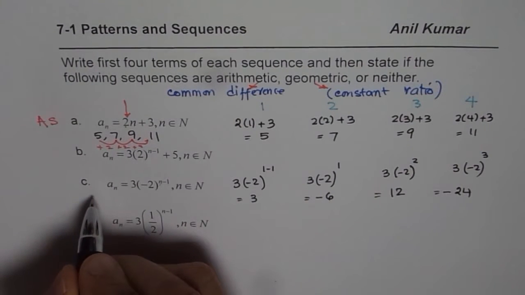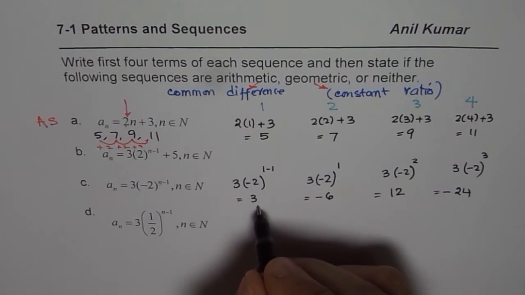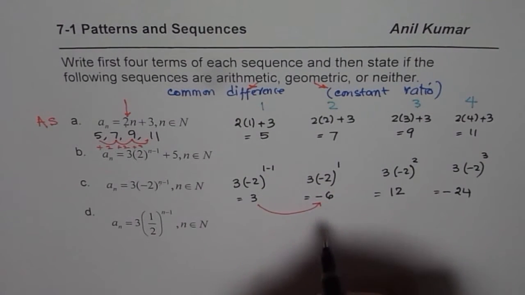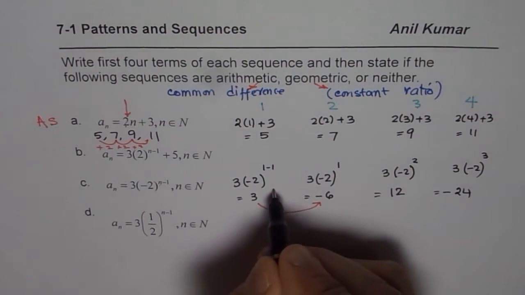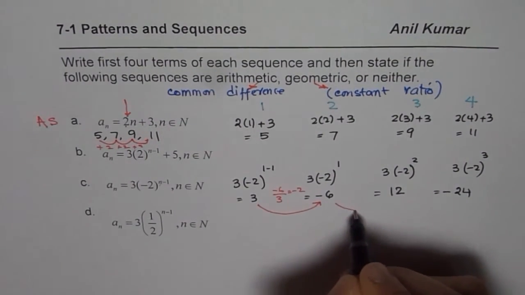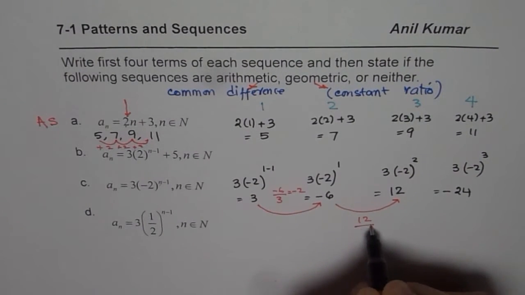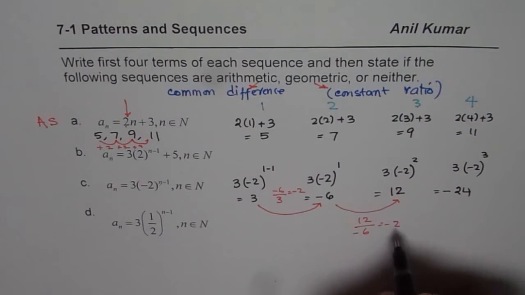So let me write down the sequence once again. What do you notice here? As you go from the first term to the second, what is minus 6 divided by 3? It is minus 2. Now from here to here, what is 12 divided by minus 6? Minus 2.